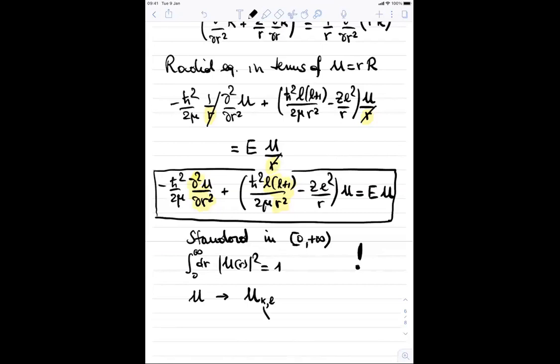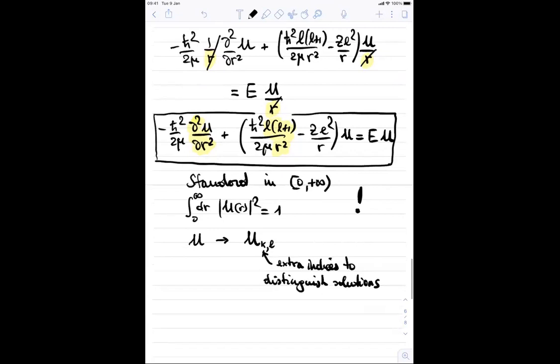This is some extra indices to distinguish the solutions. We will see in a while that these are integers also, but for the time being, these are labels, okay?